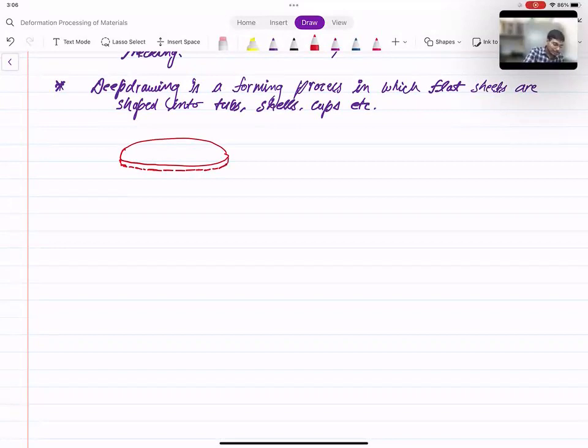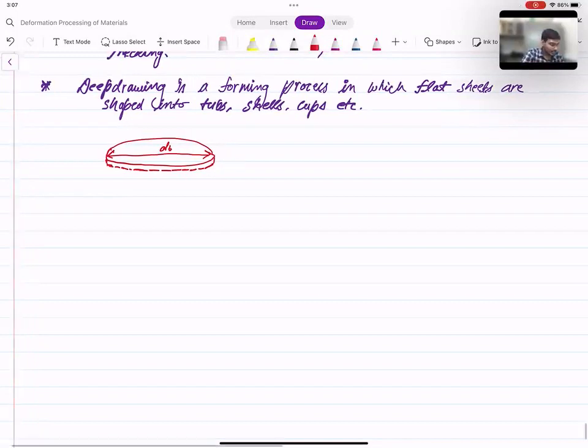Its initial diameter is denoted as diameter of blank or dB. So this is dB. This blank is put into the setup or the mechanism made for deep drawing, and it is pressed using a punch. Okay, so let us see that arrangement also.